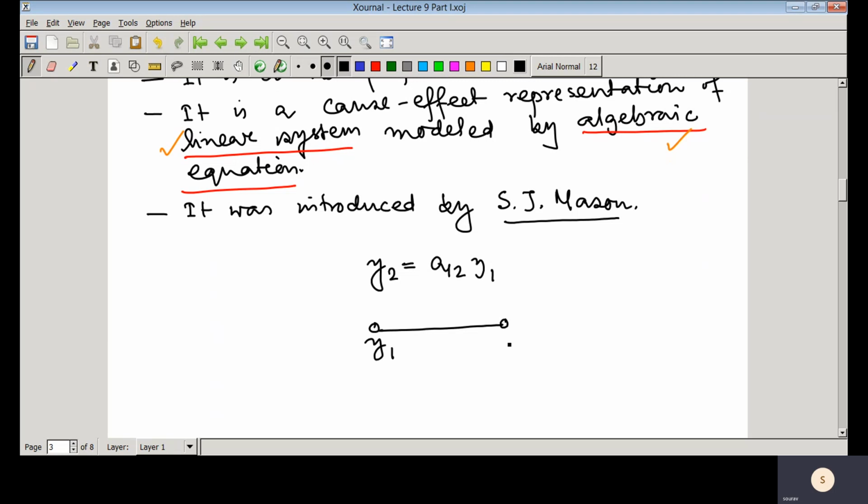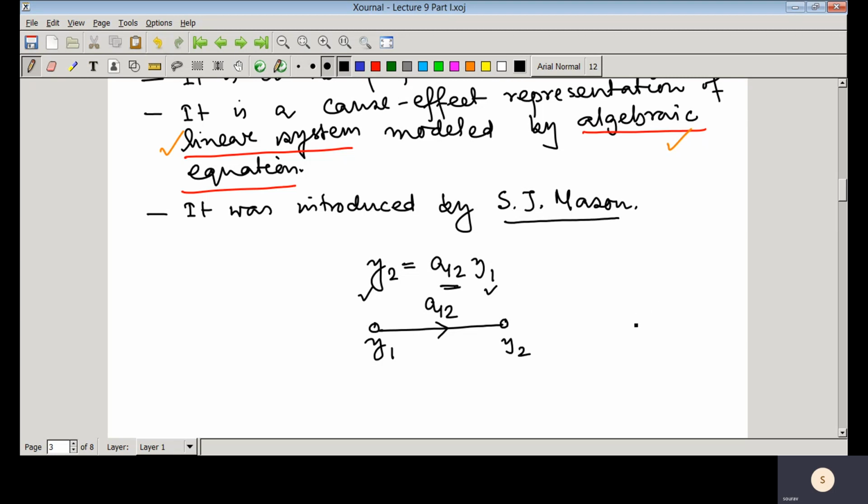One variable is y1, another variable is y2 in this particular case. And here the signal is flowing from y1 to y2. So you can see that y2 equal to a12 into y1. This is actually the gain.